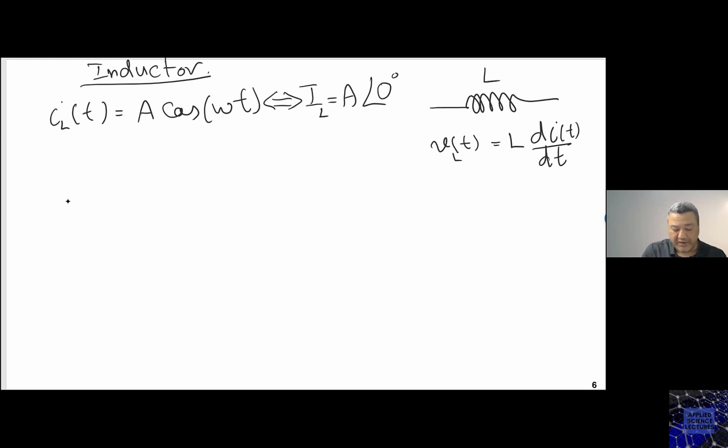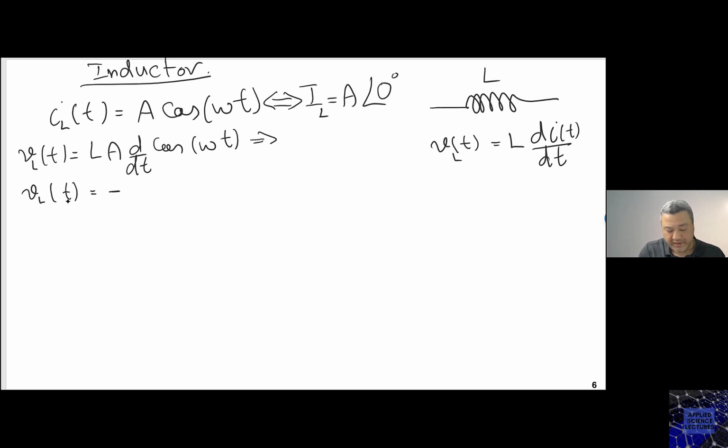Now, if I want to calculate the VL(t), then it will be L A d over dt for cosine omega t, and this would be VL(t) equals minus L A omega sine omega t, right?